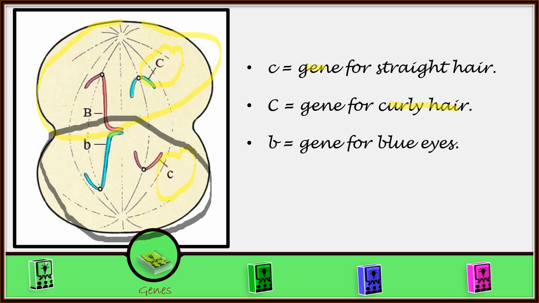So when you look at this person down here, the person down has taken a gene B for blue eyes and a gene C for straight hair.